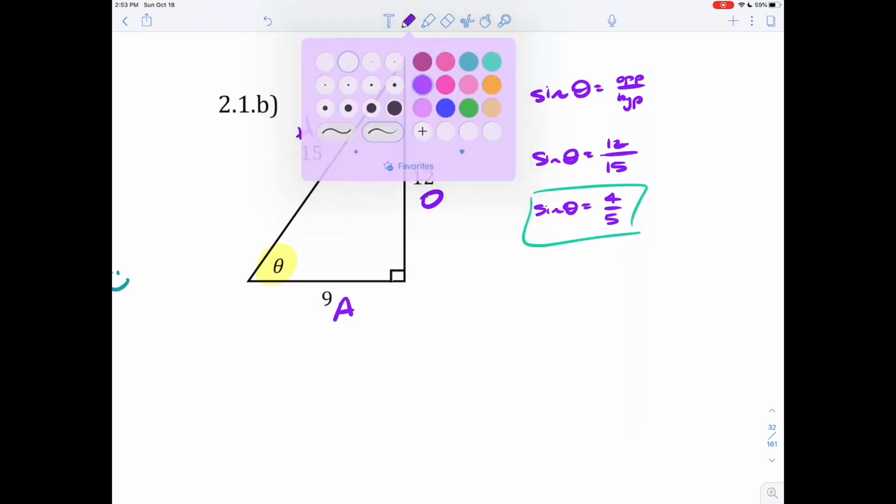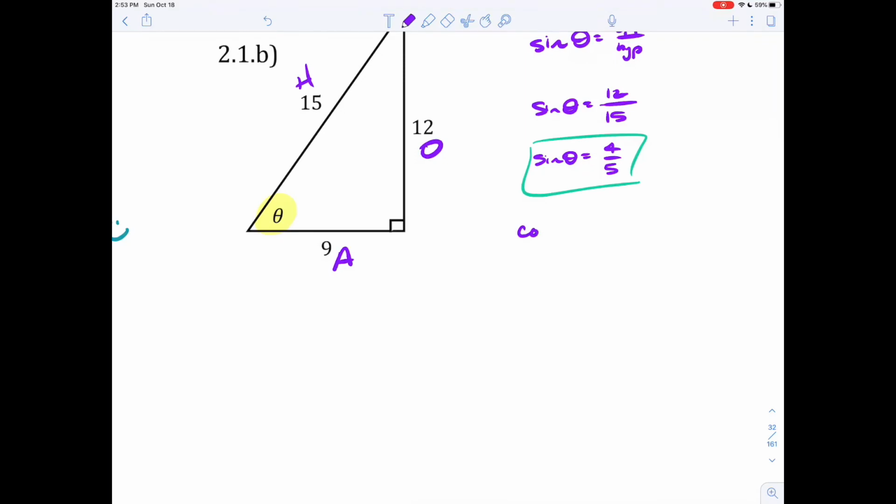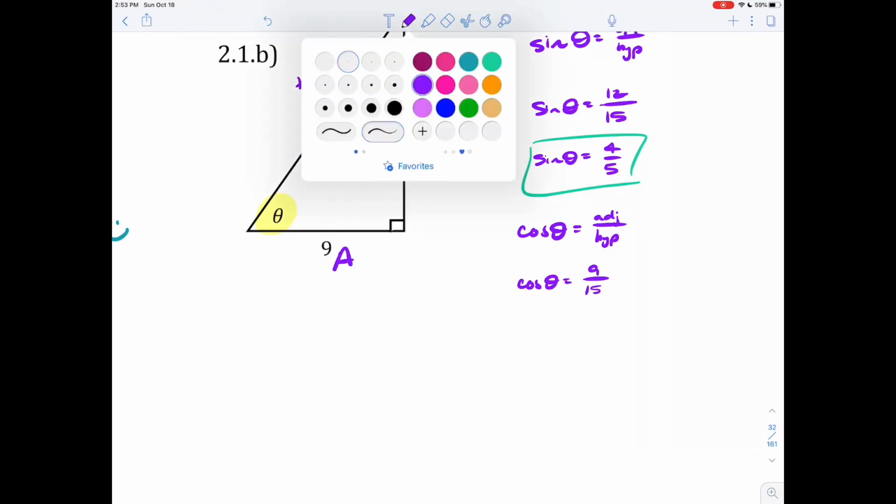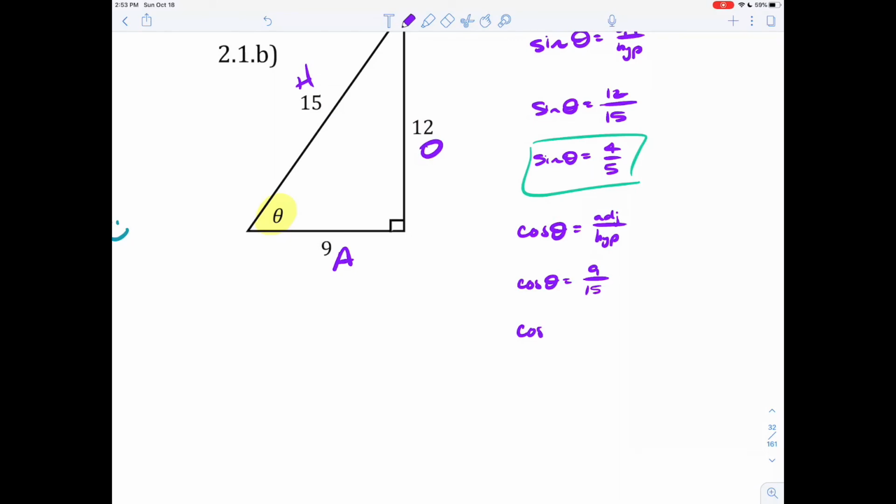And then, of course, we're asked for the other two as well. So let's get cosine of theta, which, as I've heard, is adjacent over hypotenuse. So in this case, cosine of theta is 9 over 15. And I learned my lesson from last time. I'm not done yet. I need to reduce that fraction.